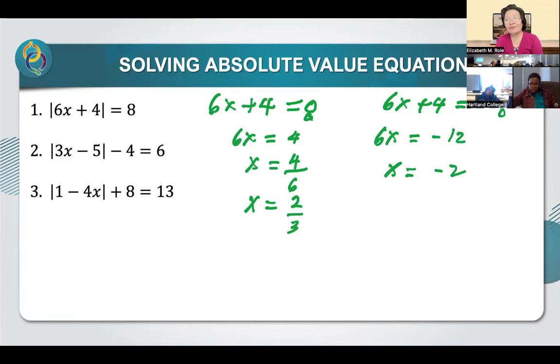You can substitute if you wish to check whether your answers are correct. 6 times -2 is -12 plus 4 is -8. The absolute value of -8 is 8. The other is 6 times 2/3 is 4, plus 4 is 8. So do 2 and 3 so that after that we can proceed.